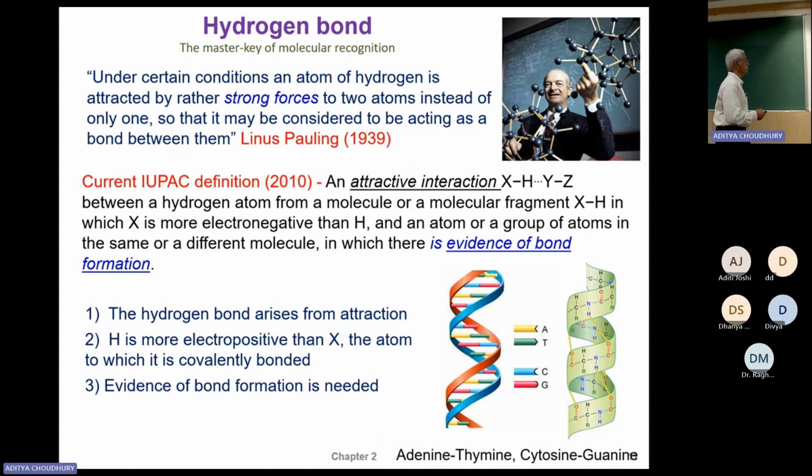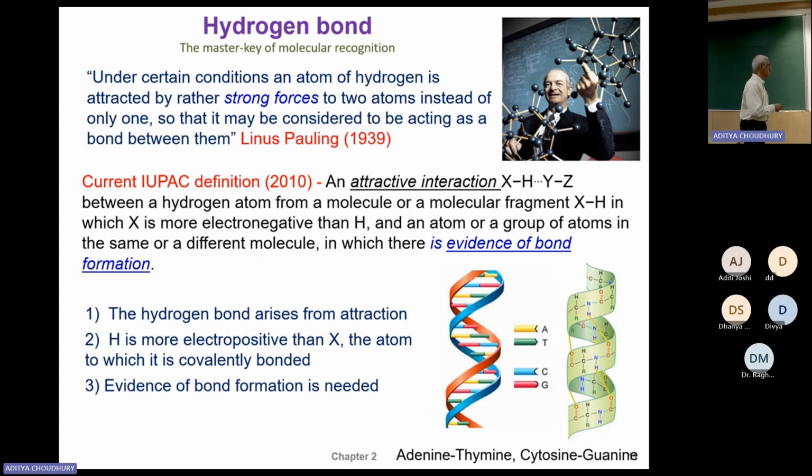So we go back to Linus Pauling's definition of the hydrogen bond. We are all familiar with hydrogen bonds. We have seen and used them for a long time. The only difference is he tried to define the hydrogen bond as a strong force: under certain conditions, an atom of hydrogen is attracted by strong forces to two atoms instead of only one, so that it may be considered to be acting as a bond between them.